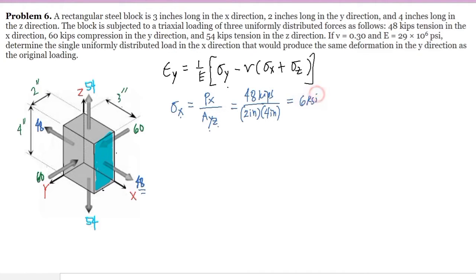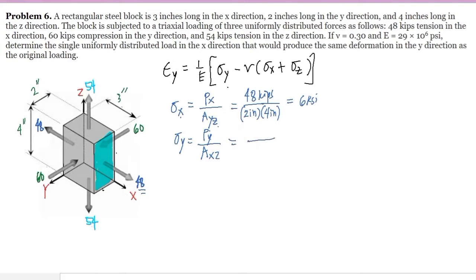6 ksi. And the stress in the y direction is equal to the force parallel to the y direction over the area. Since this is y, the xz plane is perpendicular to the y direction.